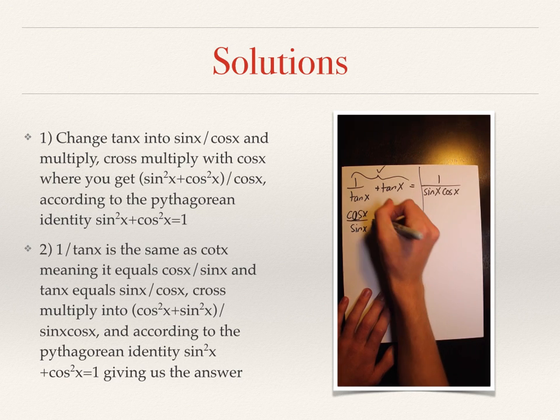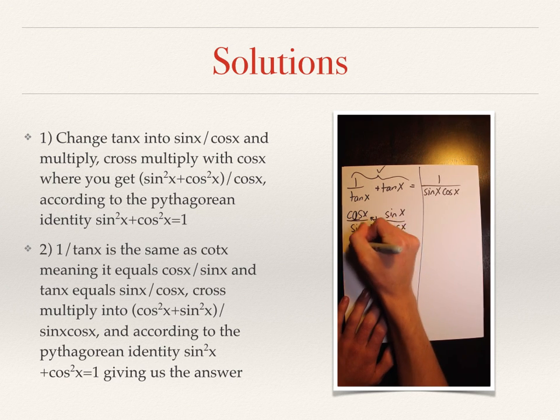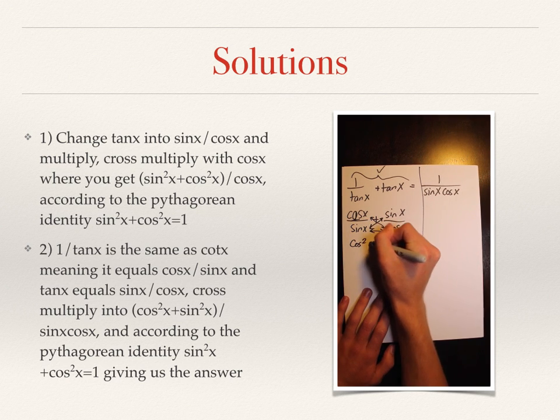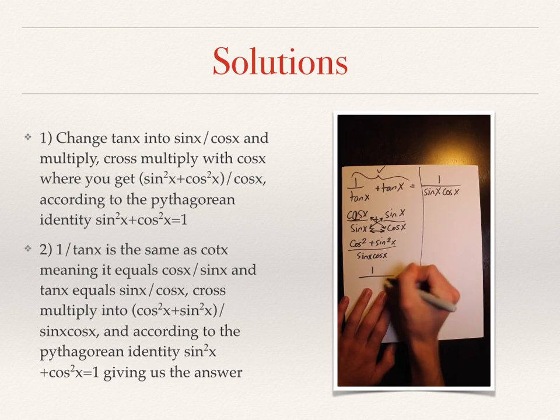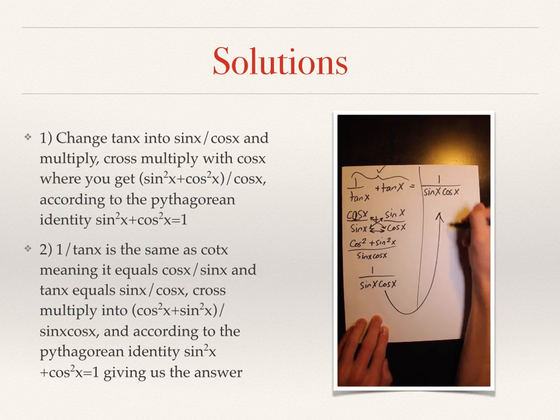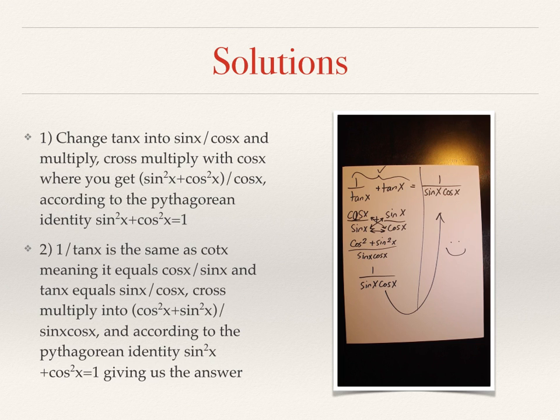Now you're going to cross multiply here. So bang, bang, bang, bang, and bang, bang. So you get cosine squared x plus sine squared x all over sine x cosine x. And look at that. It's already coming together. And according to the Pythagorean identity, you get cosine squared plus sine squared x, and you get a 1, and then boom, you got your answer.